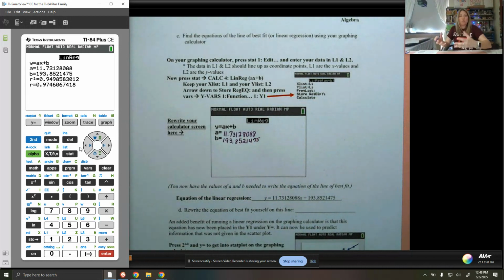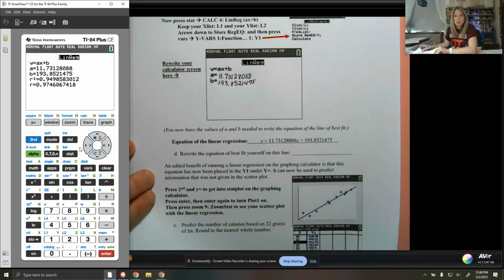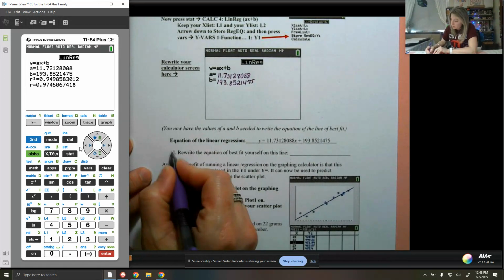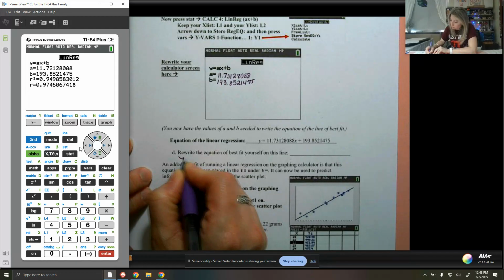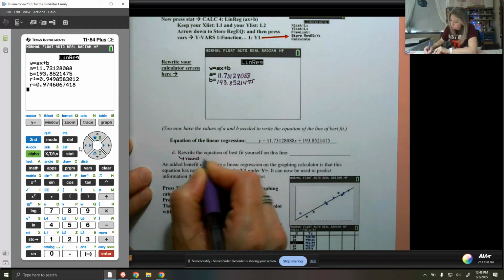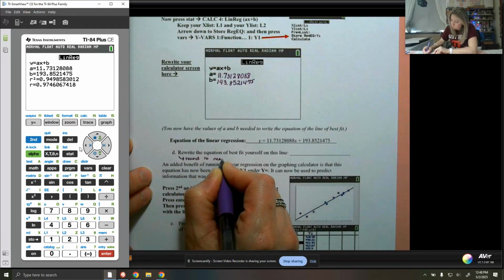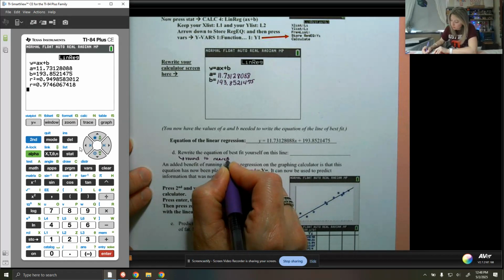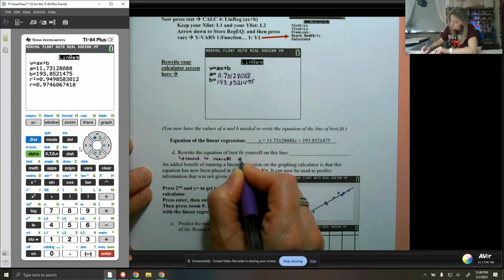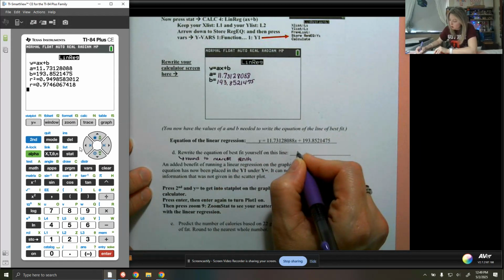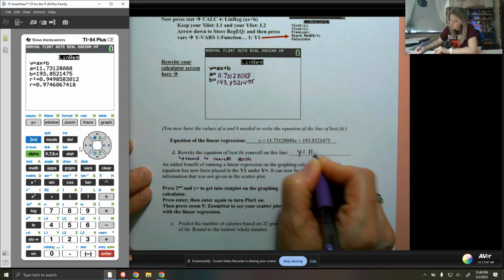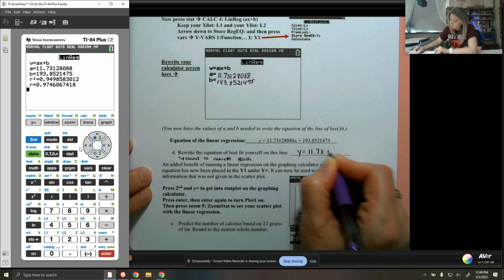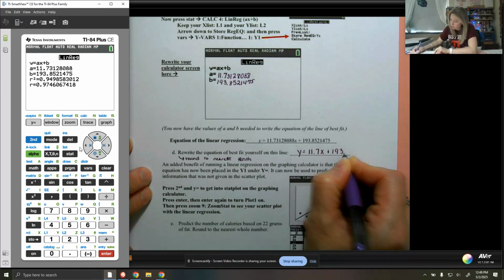And again, just for the sake of filling in our notes. And then down here on D, round to the nearest tenth. So this would be our y equals 11.7x plus 193.9.